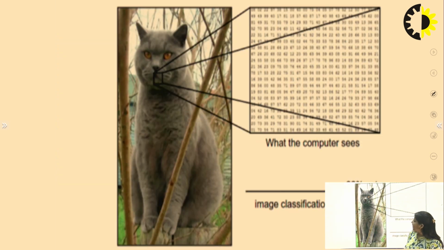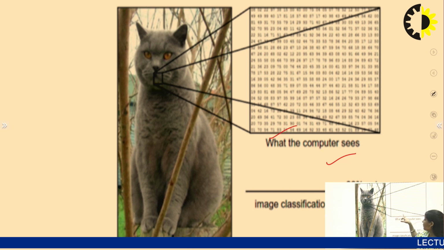This is a second example. We have a cat image and we have different pixel information in this image. We have to extract and highlight the higher representation features. So we use these pixels for higher representation, and this is a matrix for the pixels in this block. This is what the computer sees for this block, and after that we have to classify our image.